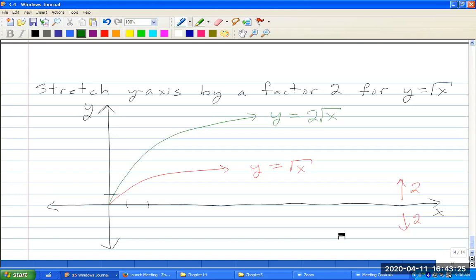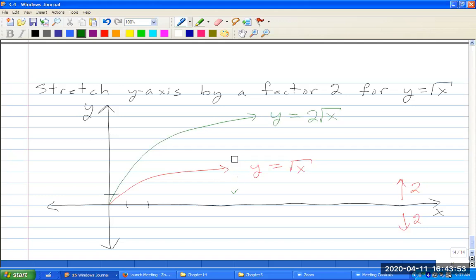Oh, okay. So it's every point. So let's say the graph is here at this point, and this distance, I then double that distance. So this distance here will be twice that distance.